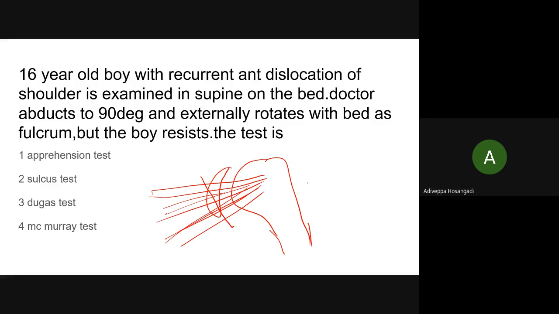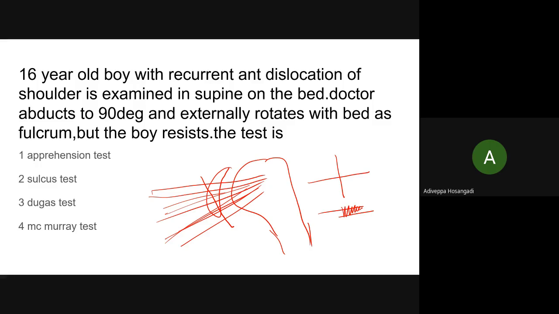They overlap it, say for example, they cut this and overlap like this. This is called double breasting. They cut and overlap the subscapularis. By that, external rotation is not possible, so the dislocation is not possible.